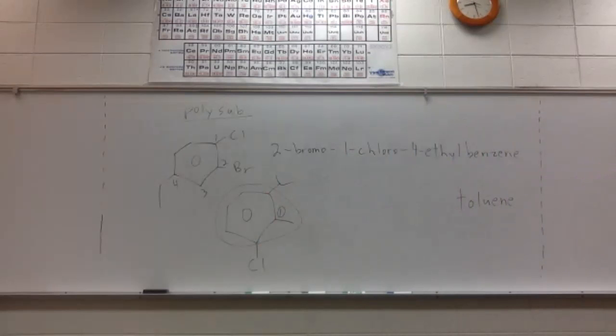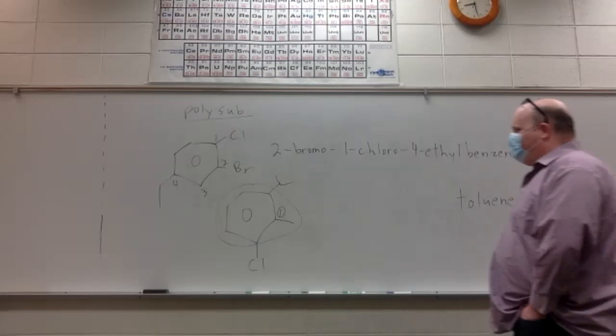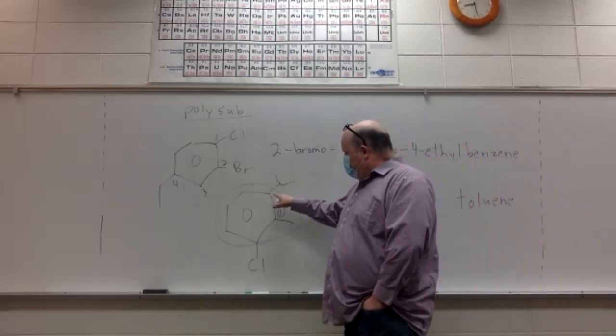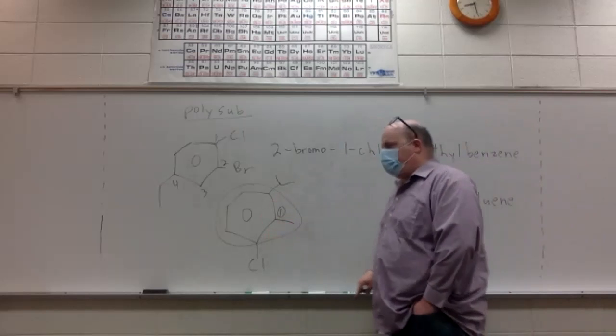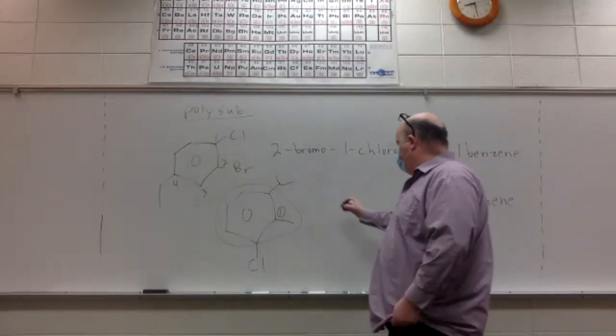Y'all remember how we decide? When in doubt, use the alphabet. There we go. Yeah. Since we can have 1, 2, 6 in either direction, we're going to put the number 2 on the alphabetically favorable one, chloro.